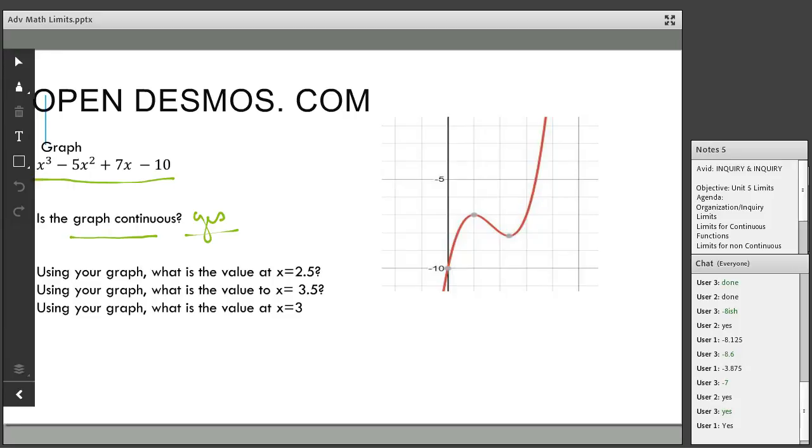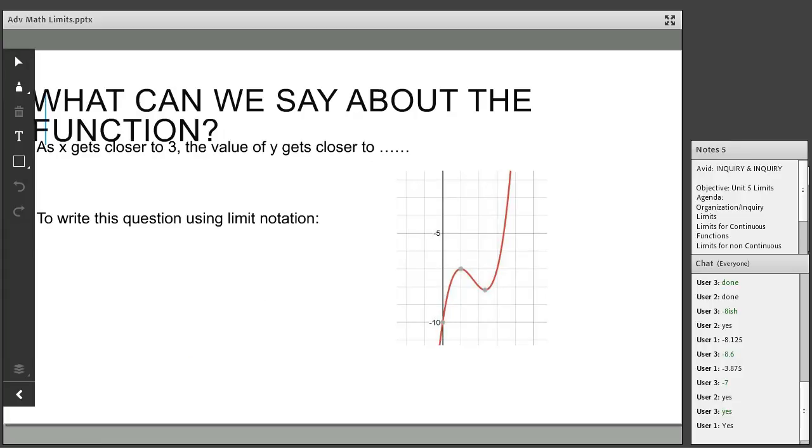So when you decide that the function you're looking at is continuous, and it asks you to find a limit, for example, the limit as x approaches 3 of x to the 3 minus 5x squared plus 7x minus 10, if that's a continuous function, you find the limit simply by substituting in the 3. So we would have said that our limit was equal to, I think Aram said, negative 7. If the graph is continuous, you just plug in your desired value to find your limit. Really straightforward when they're continuous.